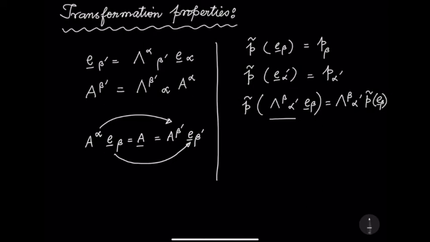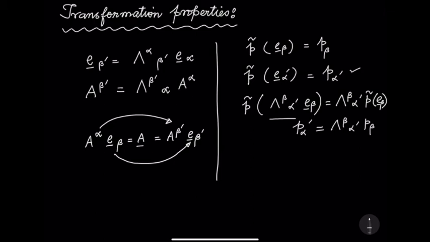so what is that? The right hand side is lambda beta alpha prime, and this is just the beta component of the one form. And in the left hand side, what do I have? The left hand side should be same as this. So this is this.